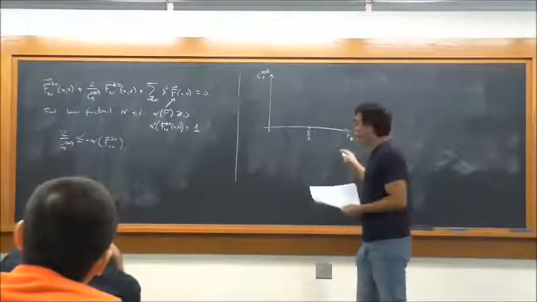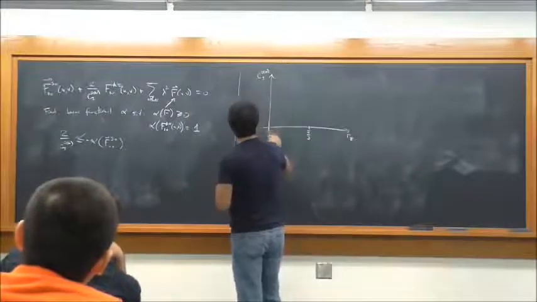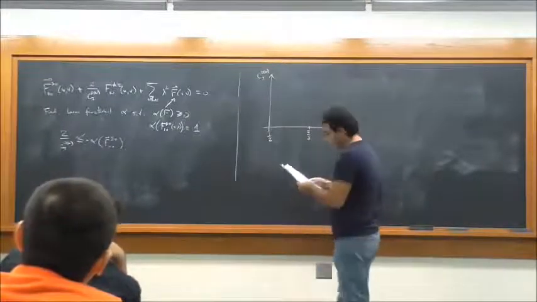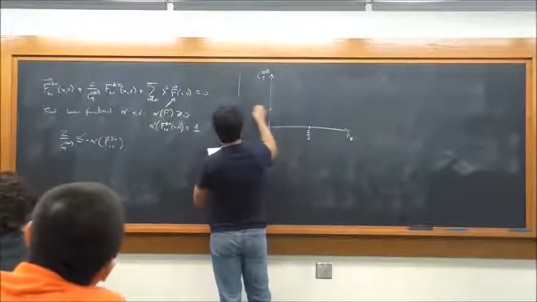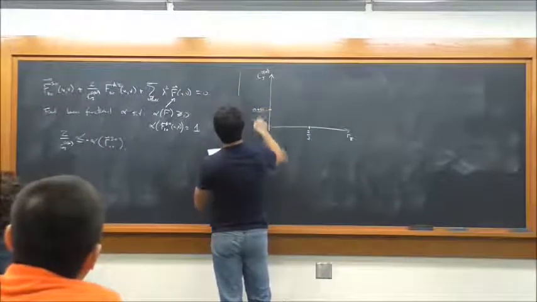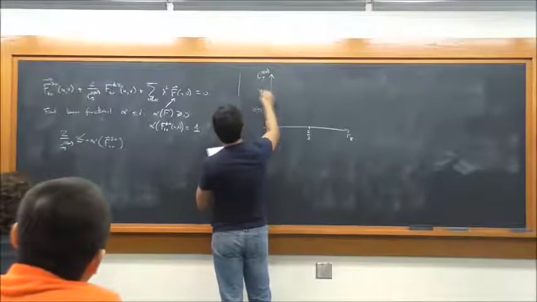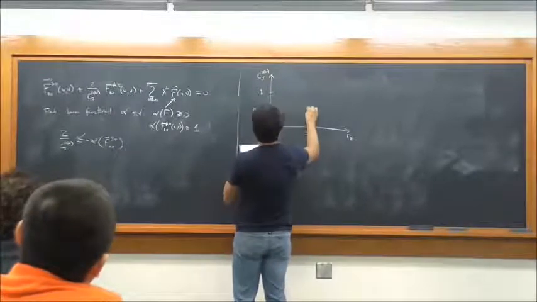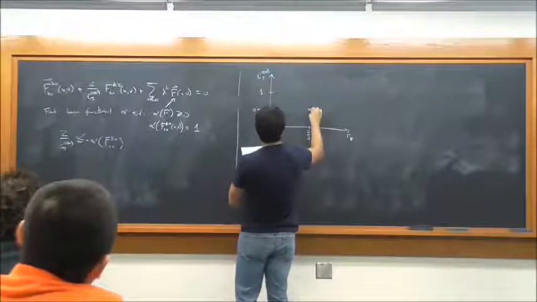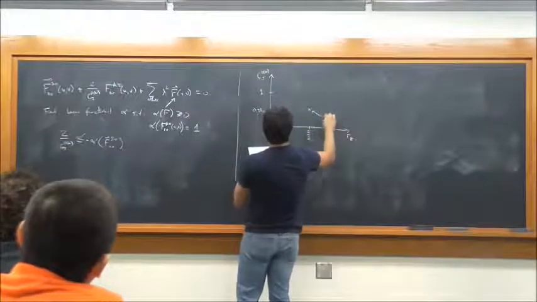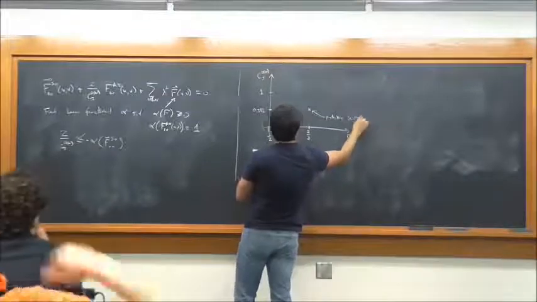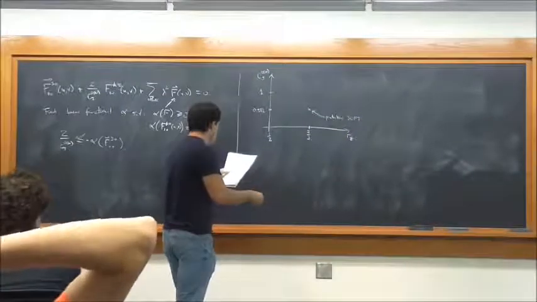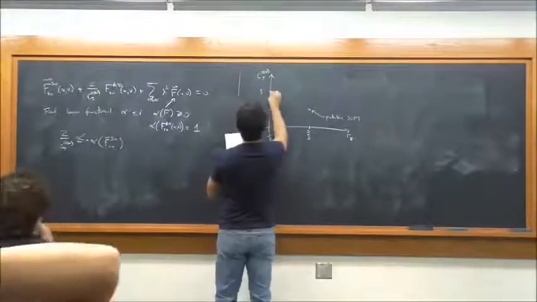But I'll just show you what the plot looks like in general. So let's just say that this is 1/2. This is the free theory value. And the plot looks like this. So here we have this 0.512, and here we have 1. So the theory would be here. So this is where the putative SCFT is.